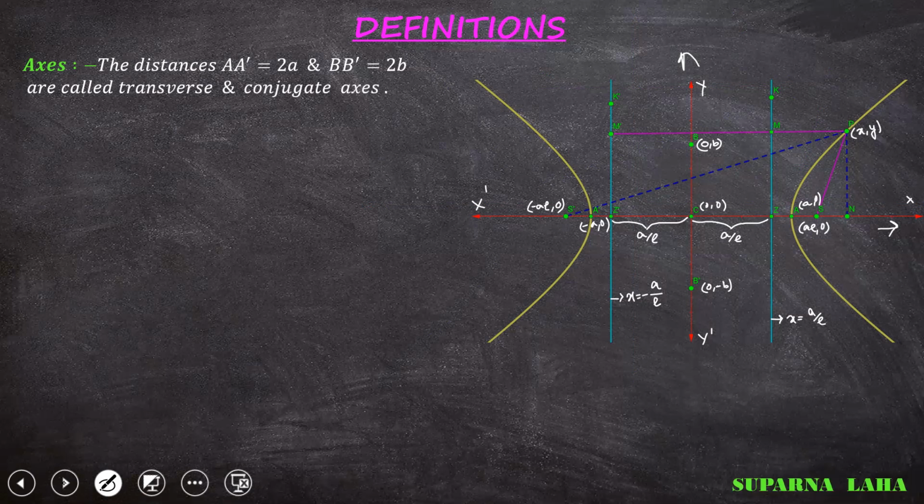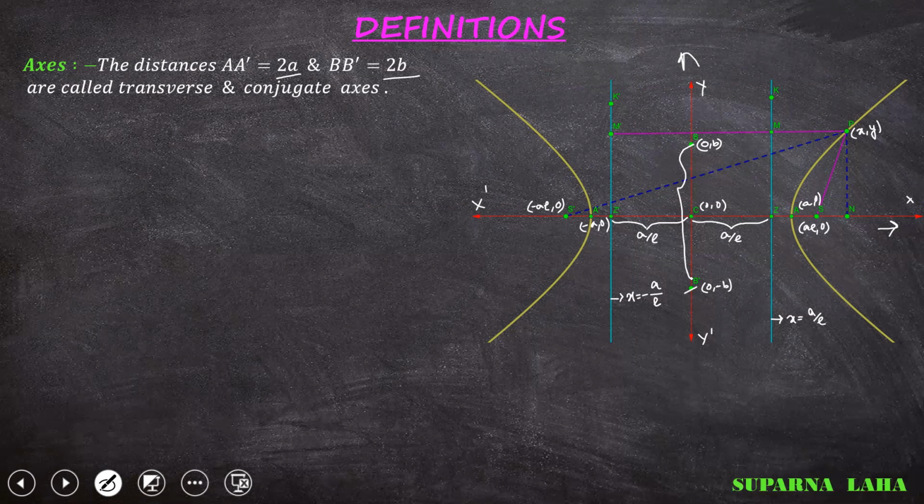The length of the transverse axis is 2a and the length of the conjugate axis is 2b. So B is here, this point, and B dash. So this total distance is 2b. So these are the two axes, transverse axis and conjugate axis, where we are considering the transverse axis as the x-axis.